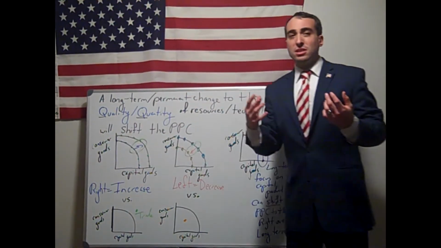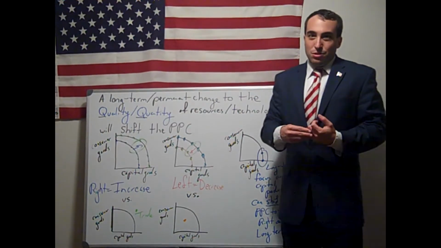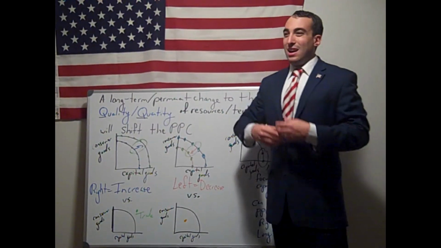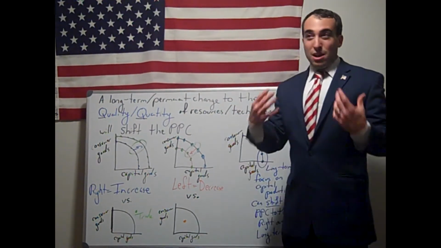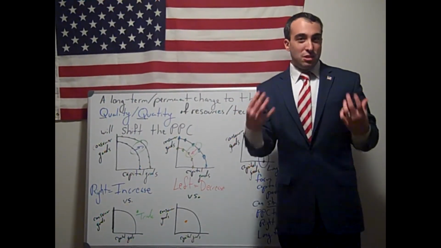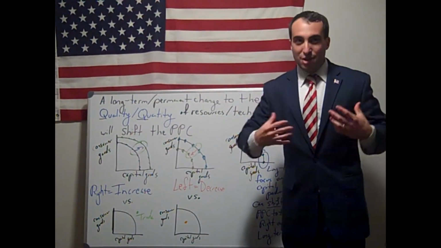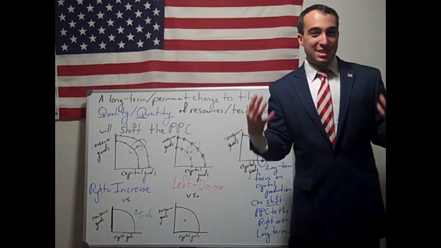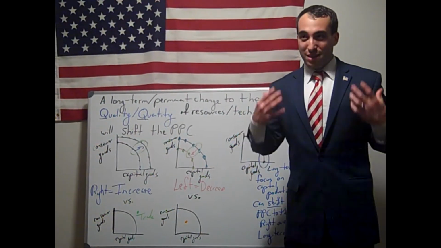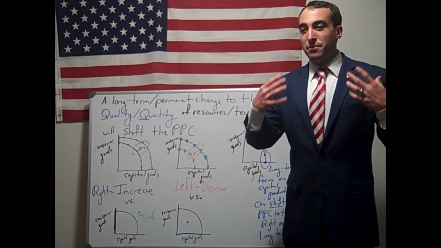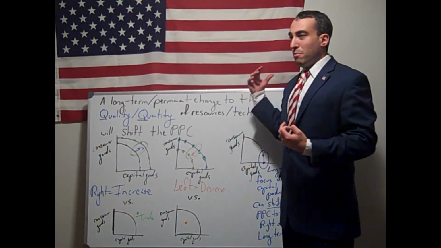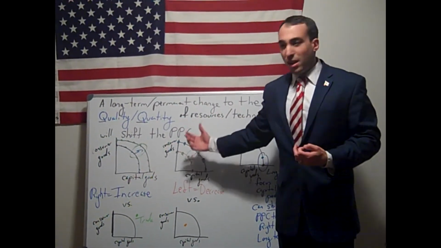So how can nations achieve a rightward shift? Sometimes innovation just happens: electricity, gasoline, the airplane, the internet, the 5G revolution. Some of these things naturally happen, and we see them most often in capitalist societies, as capitalism is the driver of innovation. But government can put money towards research and development.